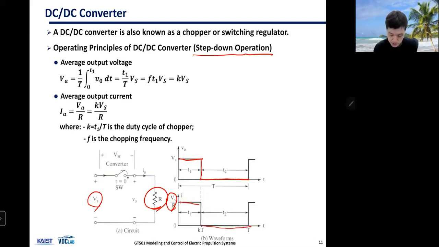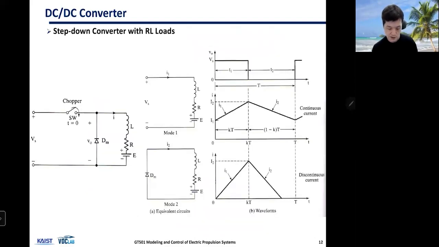But as you can see, this is switching back and forth between on and off. So in reality, you will need an inductor to smooth out this switching behavior, so that the current experienced by the load is relatively flat. Okay.